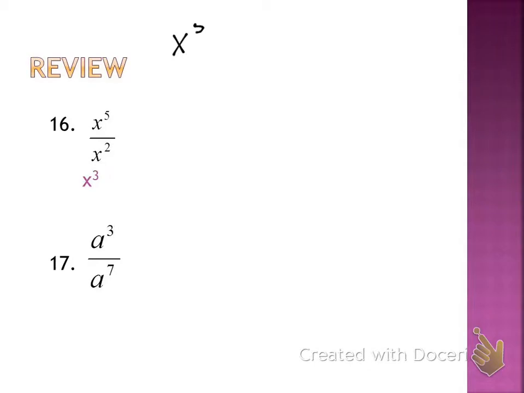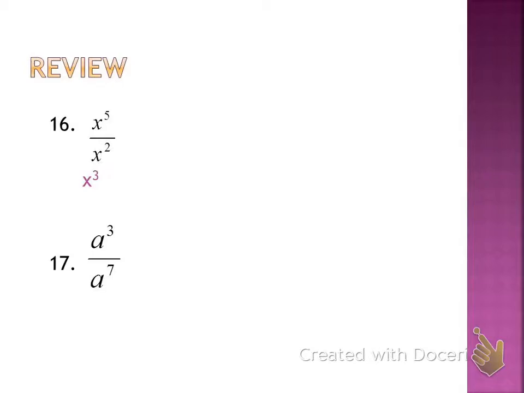The question was, why don't I write this? That's not the same thing. There I would need like terms to combine them. I don't have like terms, so that does not simplify. So don't get confused. That's not the same thing. All right, on the next one, number 17, we have a to the third over a to the seventh.